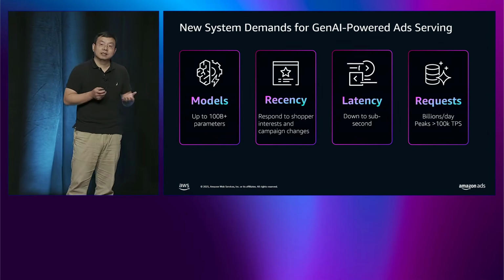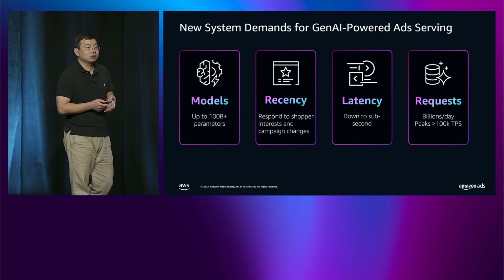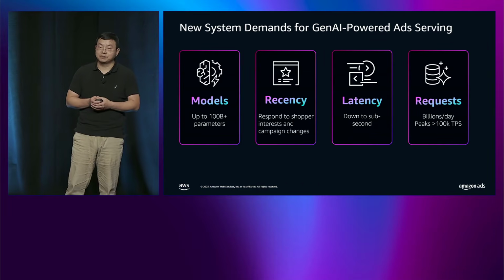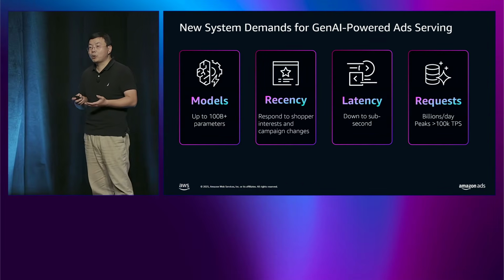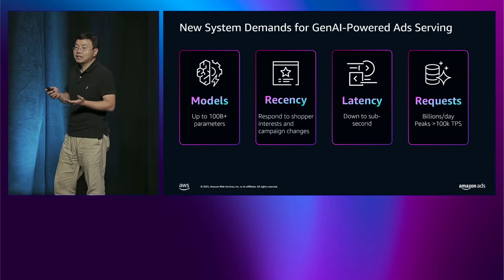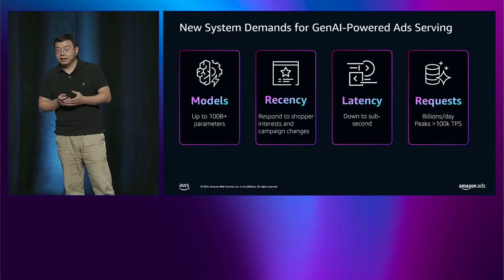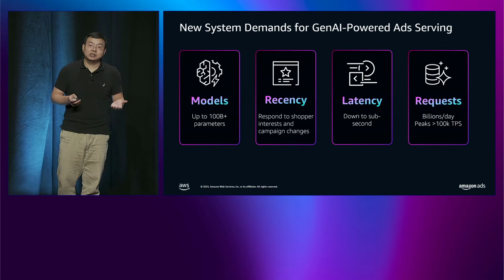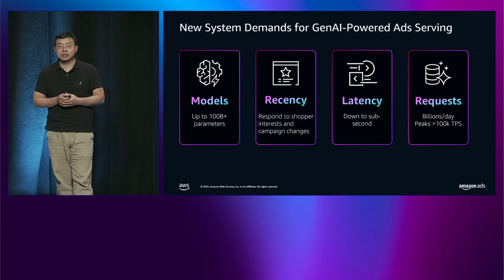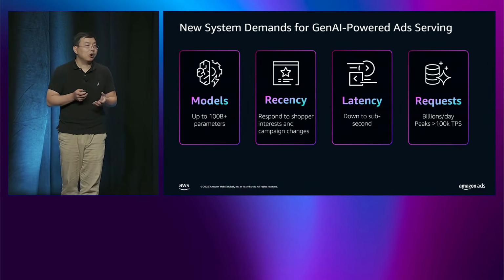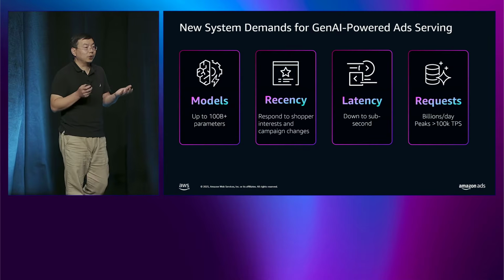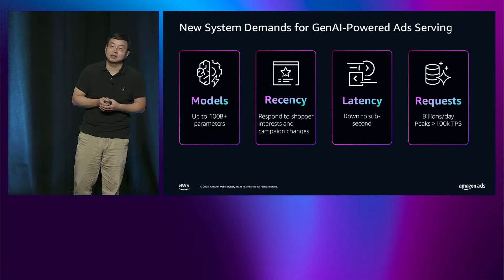In particular, Gen AI models can go up to tens, hundreds of billions of parameters. And many of the use cases require us to respond within sub-second. We also need to respond to evolving shopper interest and campaign changes. All of them need to respond at the requested scale of billions a day.